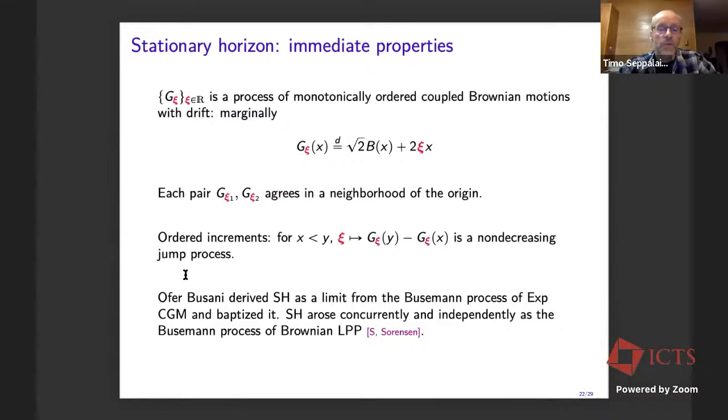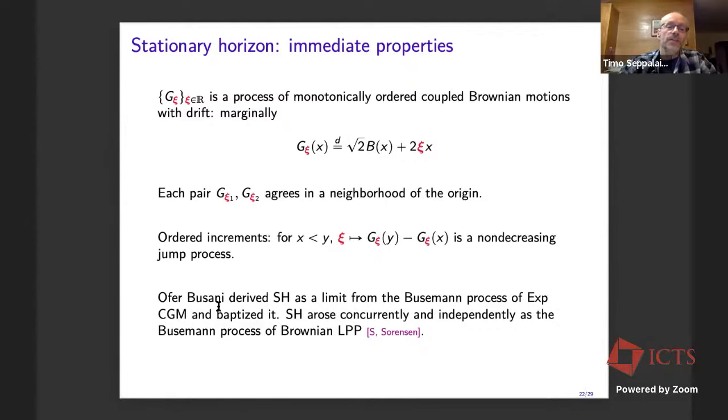I just want to tell you again where this is coming from. So Ofer Busani derived this first. And what he did was he took the Busemann process of the exponential corner growth model that I was describing to you before, and he looked along the diagonal direction and then scaled it in the manner that you would scale when you go to a KPZ limit. So it's very much, of course, connected to the way you go to the directed landscape from the last passage percolation process.